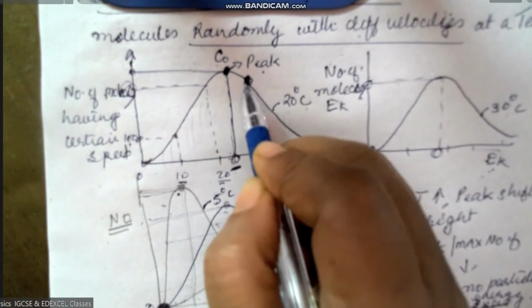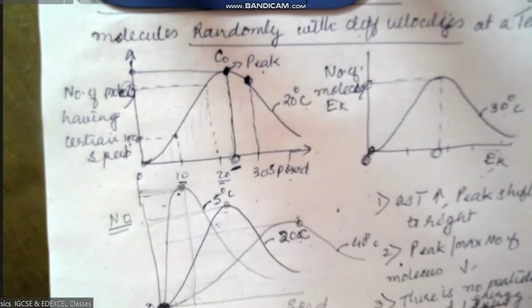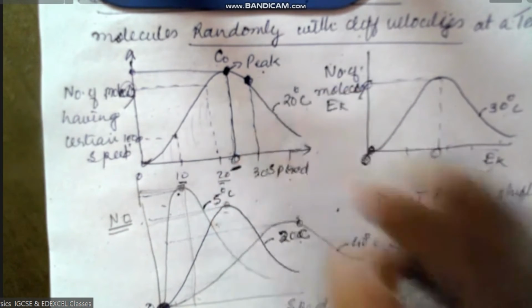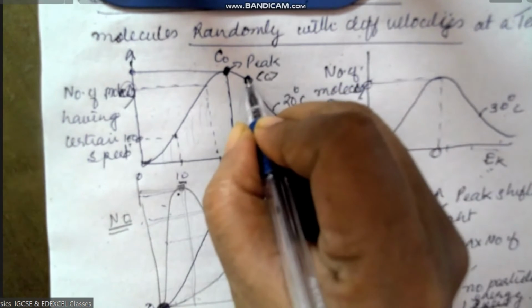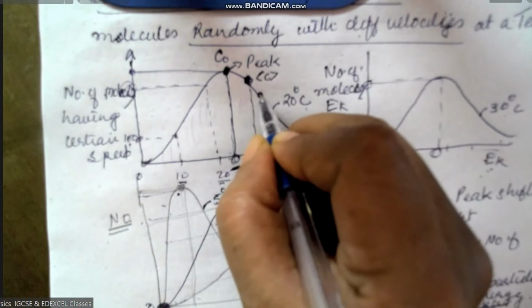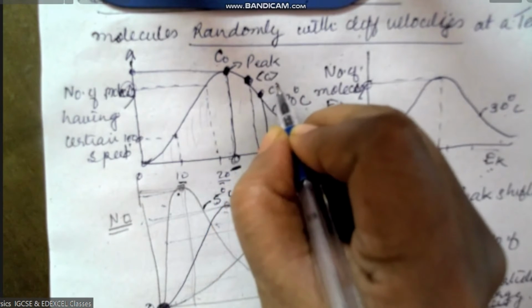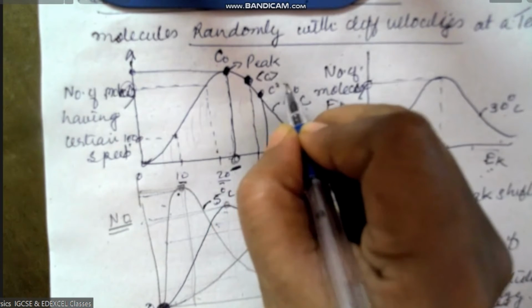Now, which is the average speed? The average speed is slightly to the right. This value is the average speed, or mean speed. Mean speed, C, we write.